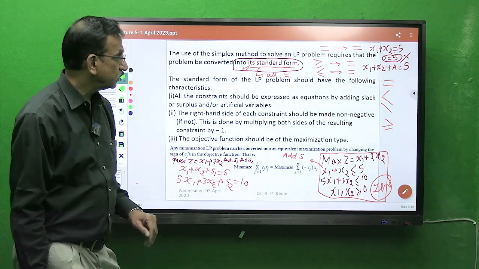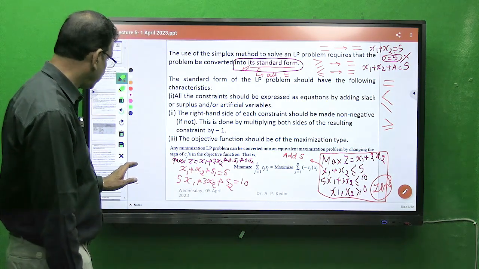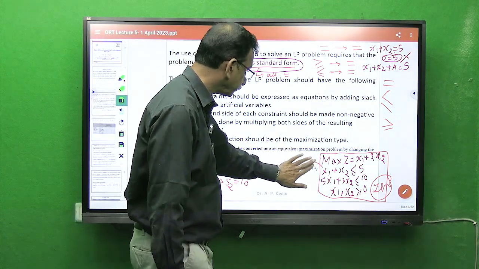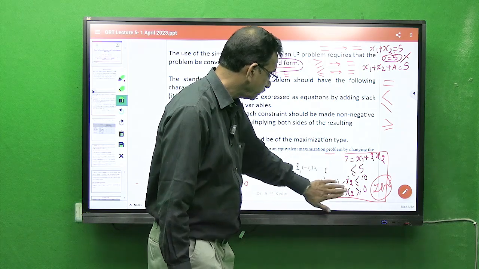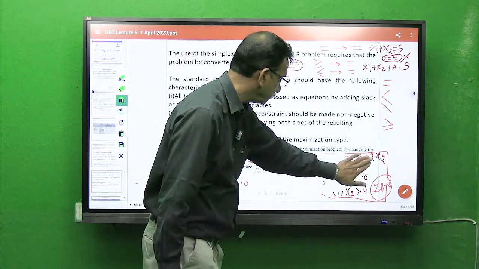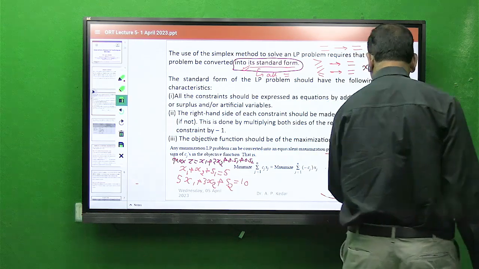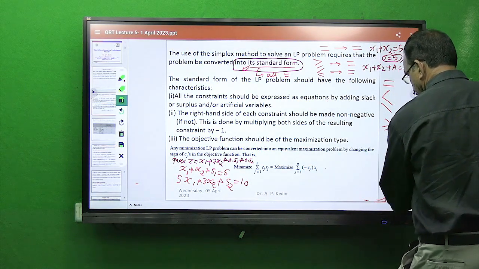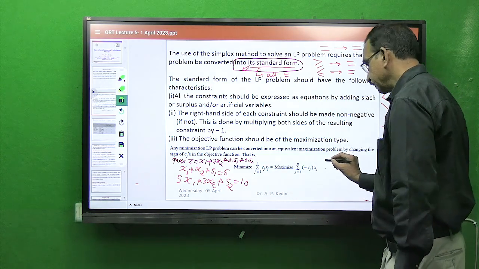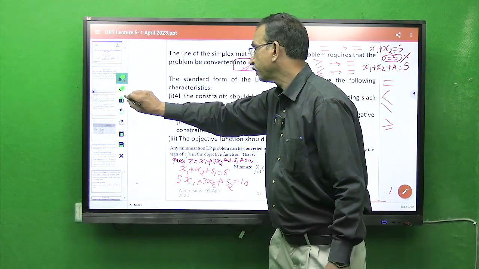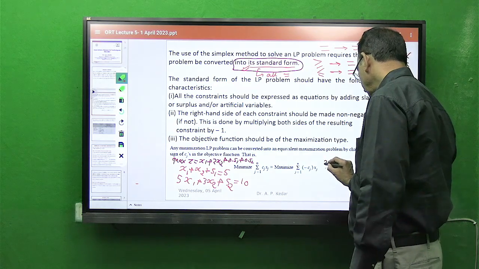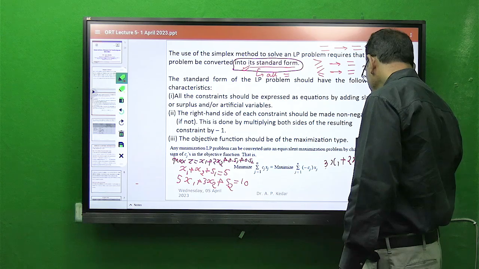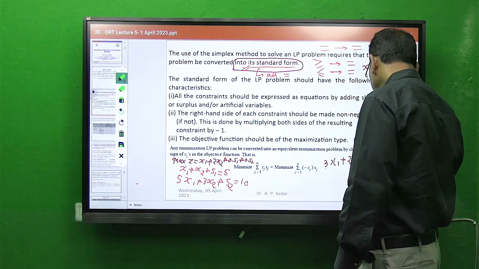Now let us take the example of, I will now explain for, suppose the sign is 3x1 plus 2x2 greater than equal to 10.